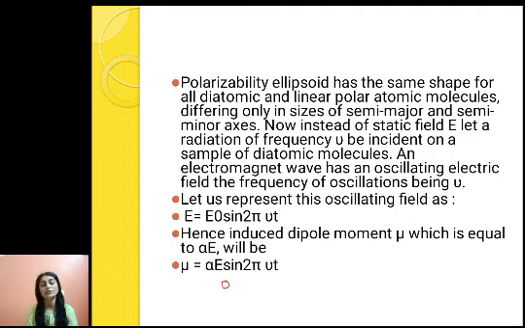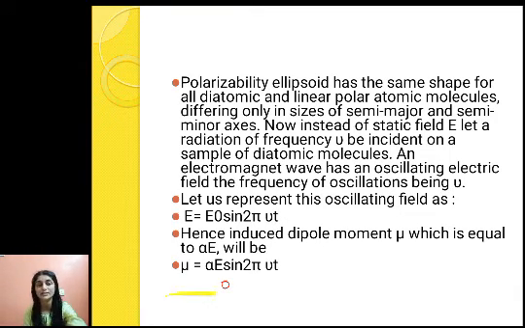Now we know that mu is given by mu = alpha E, and if I substitute the value of E as E0 sin 2 pi nu t, then I get the expression mu = alpha E0 sin 2 pi nu t. That means when my field is oscillatory in nature, my dipole moment is also oscillatory in nature.